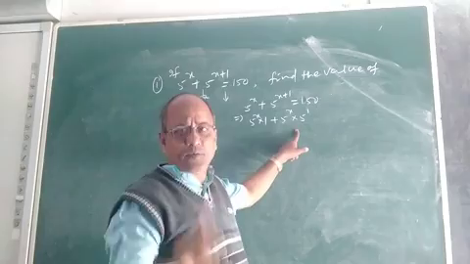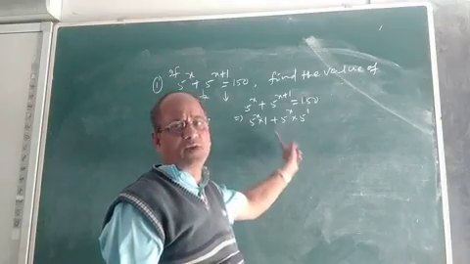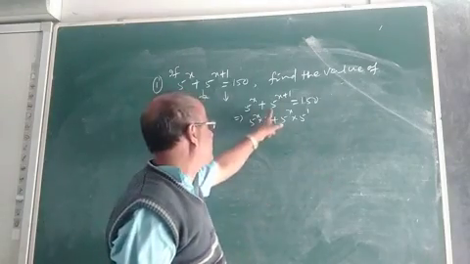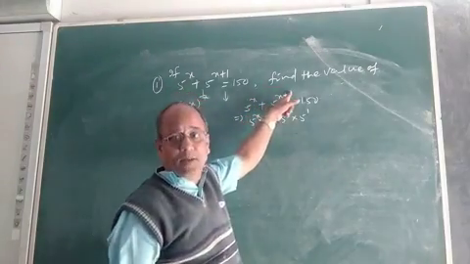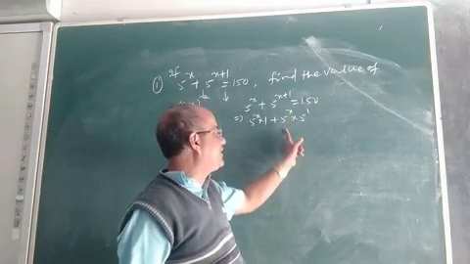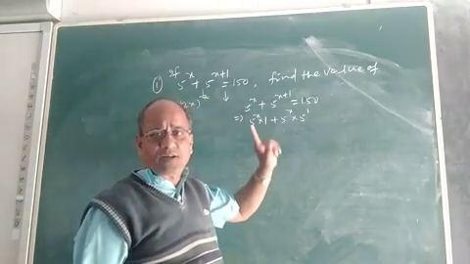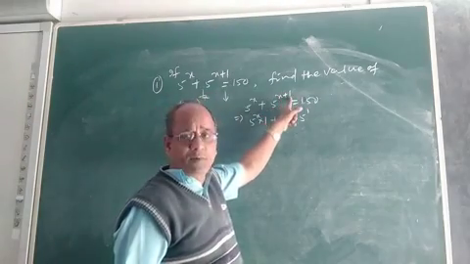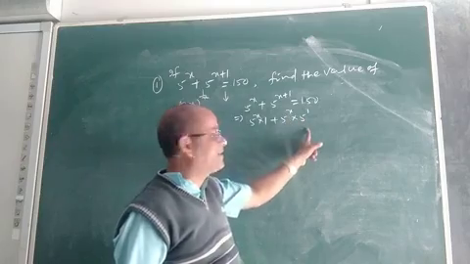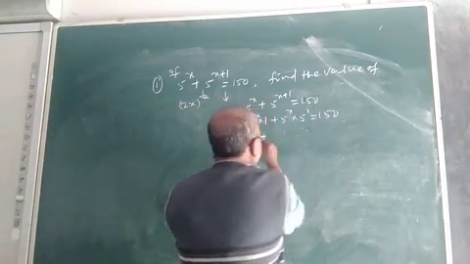You know the first law of exponent, x to the power m into x to the power n equal to x to the power m plus n. So, if it is in the form x to the power m plus n, then it will be written as x to the power m into x to the power n. Okay? So, using the first law of exponent, 5 to the power x plus 1 will be written in this form. Now, this is equal to 150.